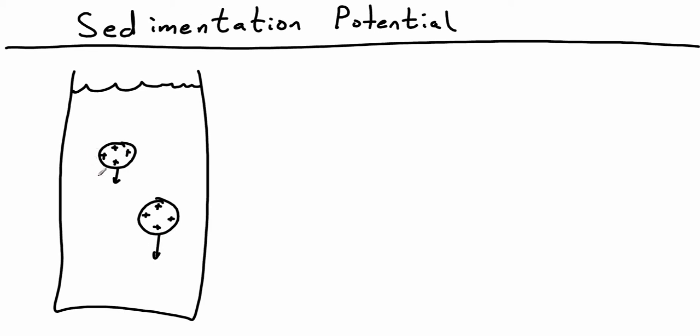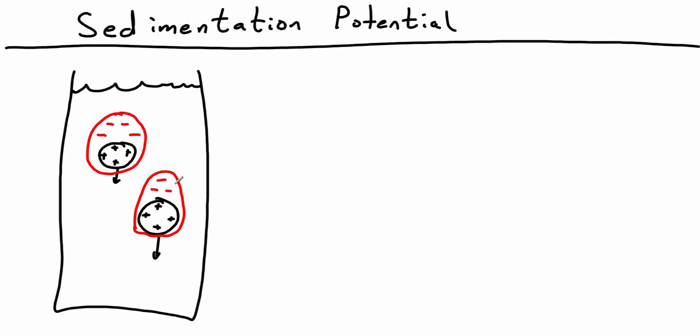The viscous drag on the particles and the viscous drag on the Gouy-Chapman cloud of counterions is not the same. Since the cloud of counterions is going to have a larger radius, it's going to lag behind. And so I'm going to draw this as sort of these teardrop shapes like this.